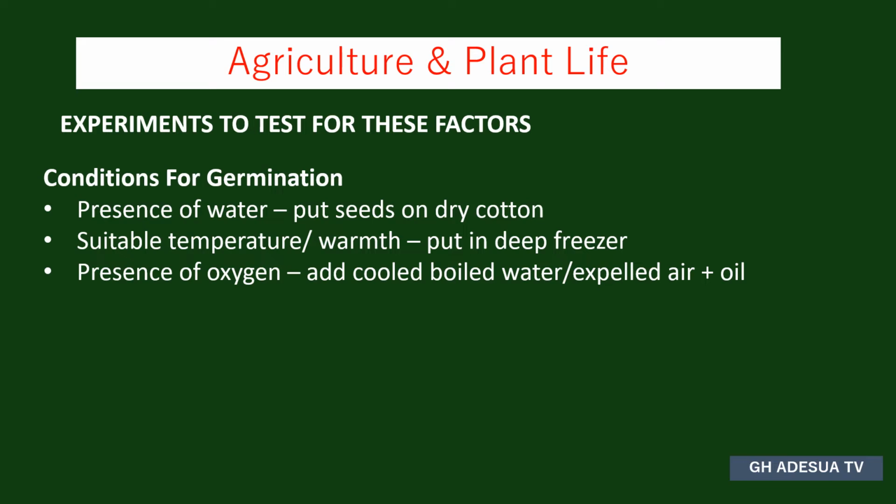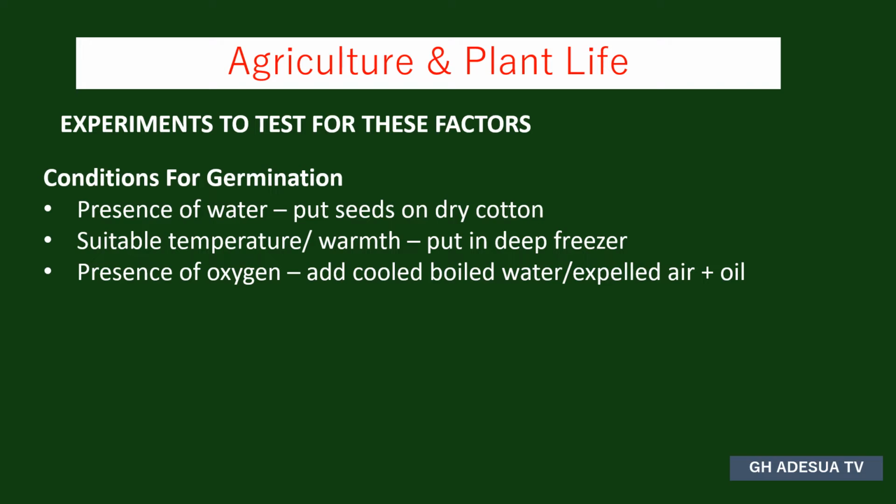You put the cotton in water, you put the seed on it, you put it in your suitable container. Now oxygen will certainly pass over it, but in this instance you put it in a deep freezer or in a fridge. The temperature in a fridge is not conducive. It will not cause the various reactions that take place in the seed for it to germinate. Now in this experiment, after 7 days, you realize that the seed couldn't grow. And it's simply because you didn't give it warmth. That is the second experiment.